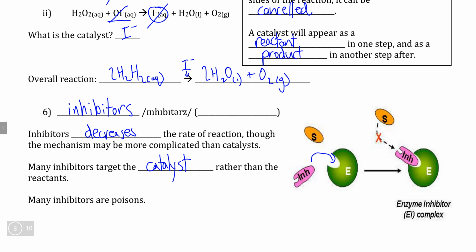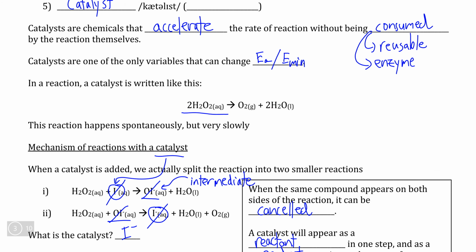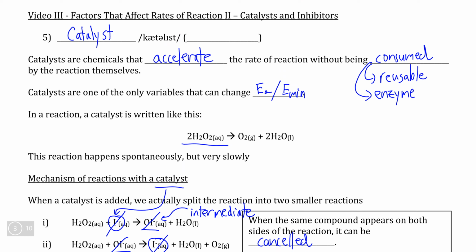Naturally, many inhibitors that target enzymes within the body and prevent some of your most common biological reactions from happening would be very dangerous, and so many inhibitors that target your body's catalysts are actually very, very deadly poisons. This concludes our series on factors that affect the rates of chemical reactions.